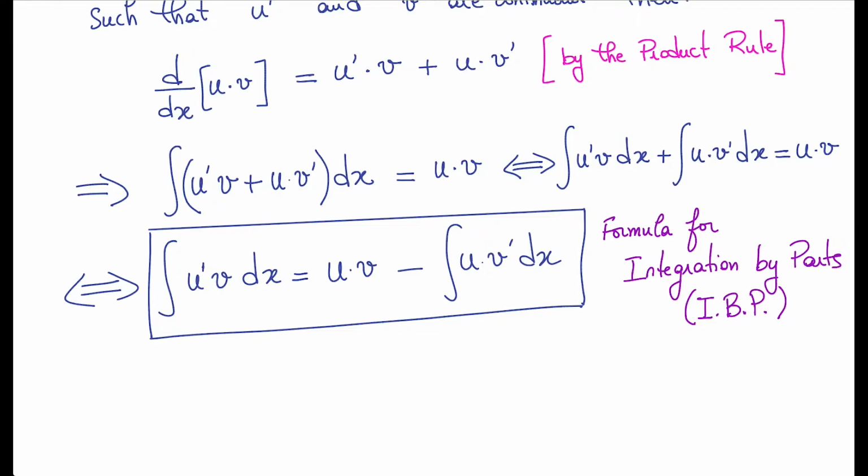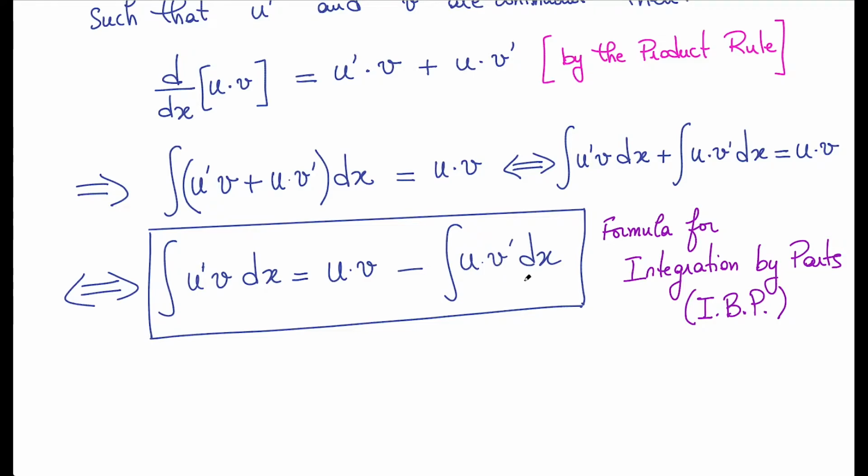Let me highlight it for you. Here I'm talking about the derivative of u within the integrand, and here I'm talking about the primitive of u times v prime. So the prime has changed from acting on u to acting on v.